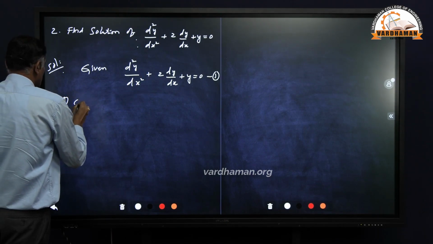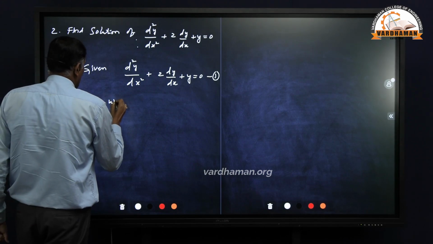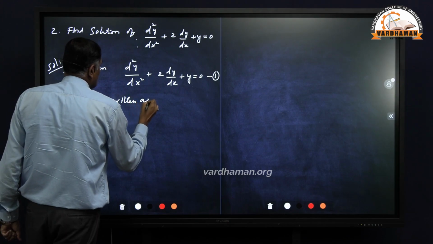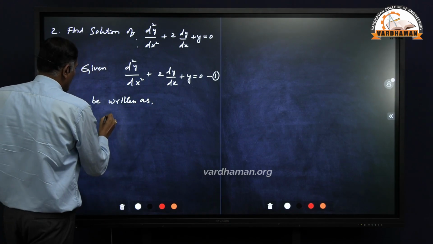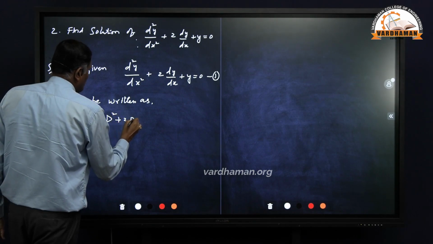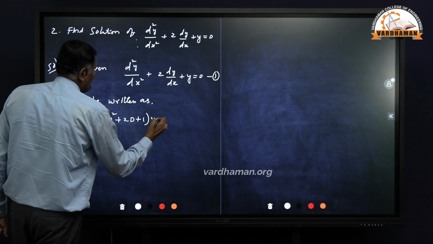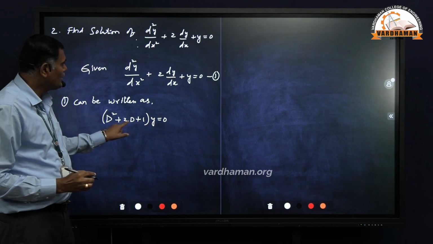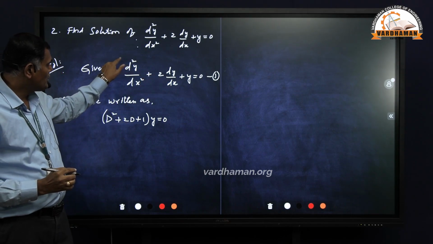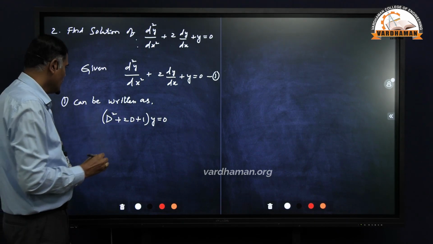It can be written as (D square plus 2D plus 1) y equals 0, where D is nothing but d by dx. In place of d by dx we are writing D, in place of d square by dx square we are writing D square. So this is in operator form.